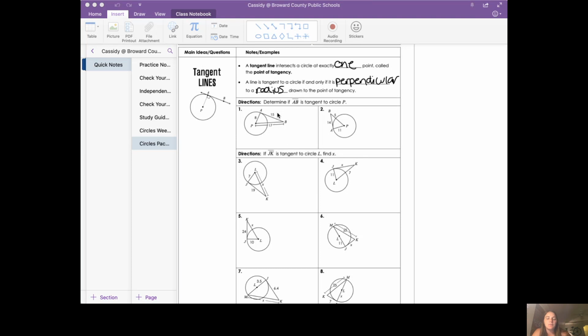And AB, we're trying to prove that that is the tangent. So how can we prove that? We need to make sure that it's perpendicular to the radius. So we want to make sure that right at angle A has to be 90 degrees.